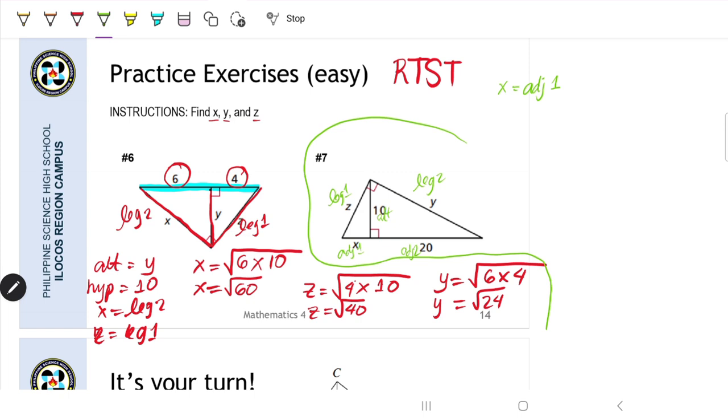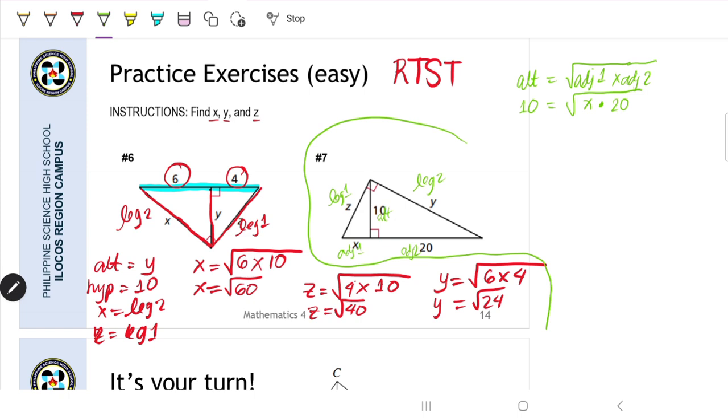So if we are going to use the formula altitude is equal to the square root of adjacent 1 times adjacent 2. So substituting, altitude is 10, adjacent 1 is unknown, which is x, and adjacent 2 is equal to 20, no?